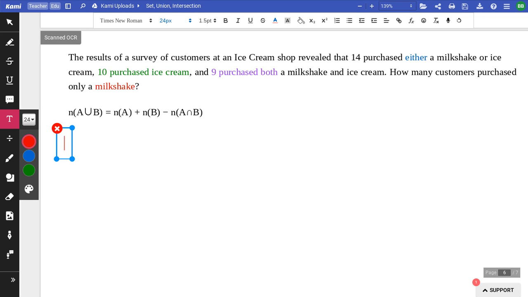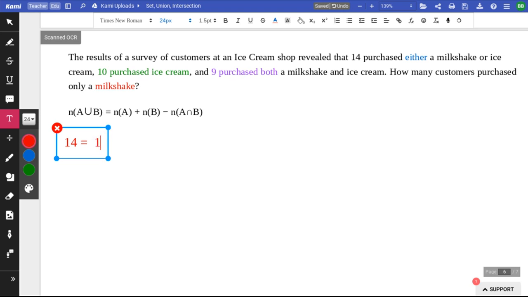So we have what's our or, either or, and that's 14. And we know how many people purchase just the ice cream. And that was 10.